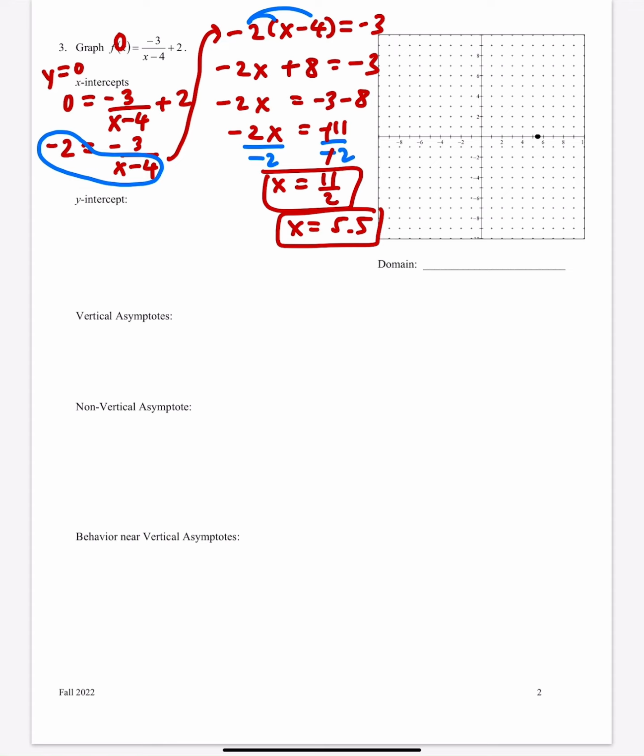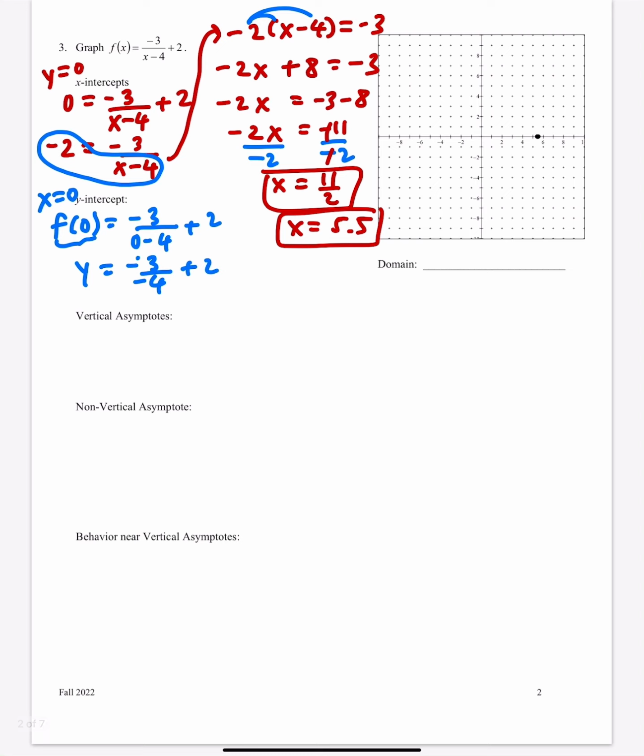All right, for the y-intercept, this one is straightforward. We said x is equal to 0. So it's the reverse. You're finding f of 0, which means you're taking this x here, replacing it with 0, and then solving for y. Right? So remember, this just means y. So the y value is going to be negative 3 over negative 4 plus 2.